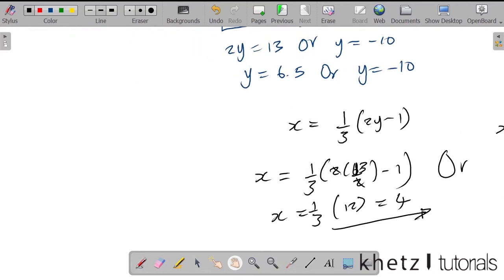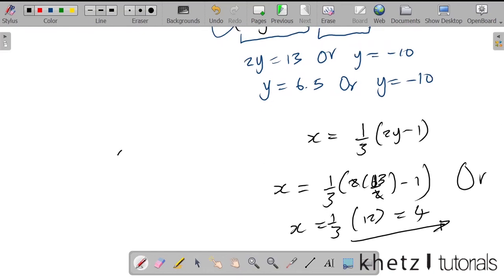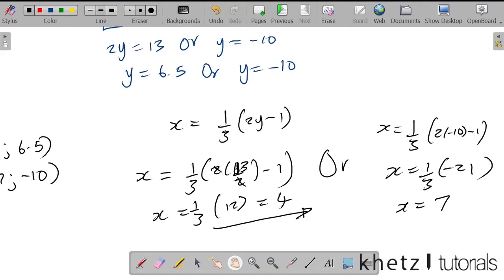And therefore, your final answer for this would be in the form of, if you have an x of 4, you're going to get a y of 6.5. If you have an x of 7, you're going to get a y of negative 10. That should be negative 7 over there, right? It should be negative 7 because we're saying negative 21 divided by 3.